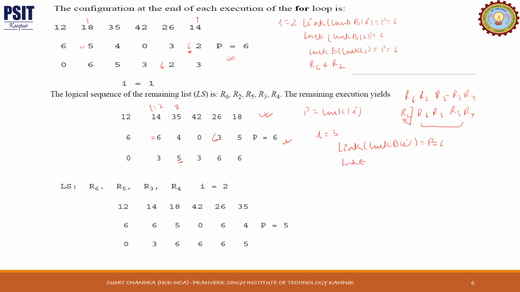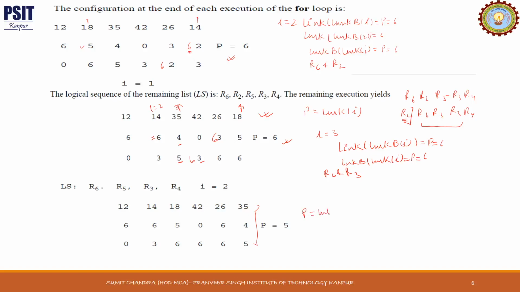And again link of I is equal to P, that is equal to 6. So link of I, let's see, link of I is 4. So link B of 4. It means this element will become 6. So this became 6. And we are going to exchange R6 and R3. So this element will be exchanged with this element. So we'll get this configuration.